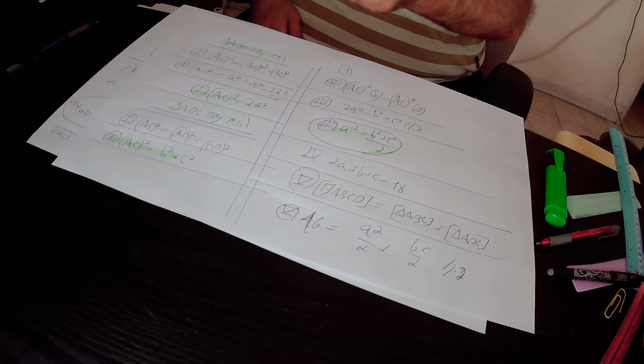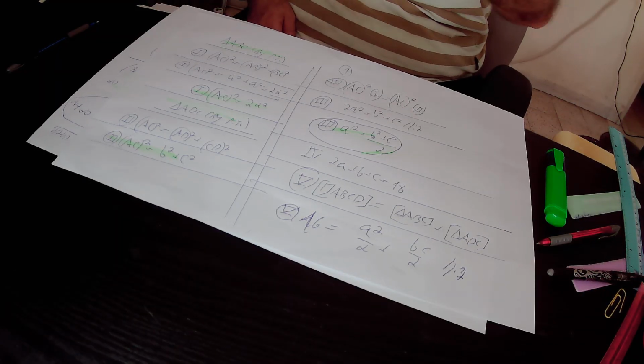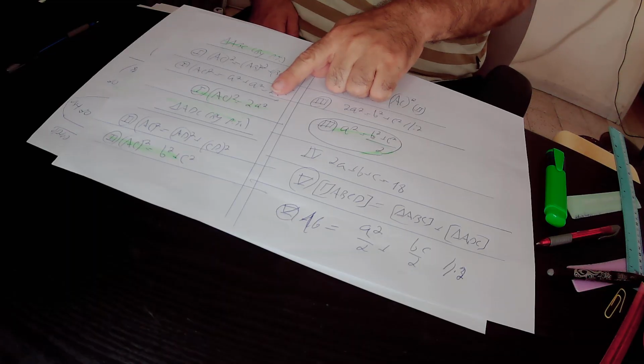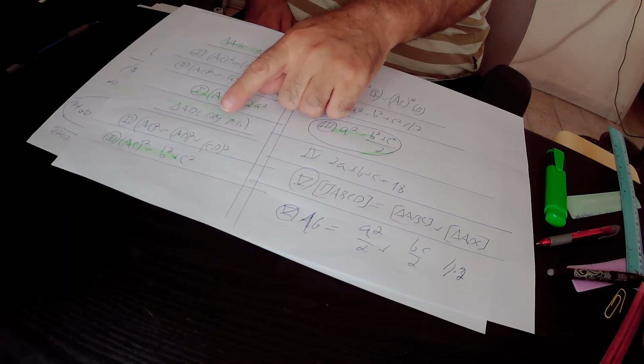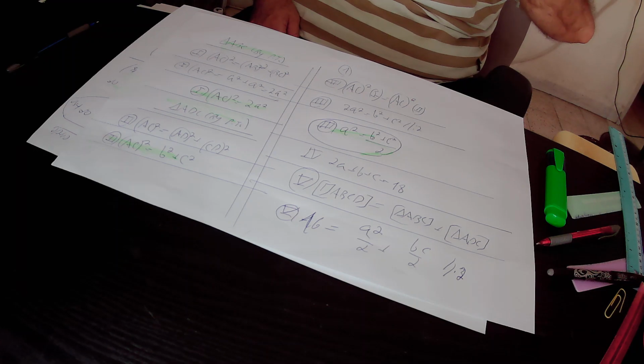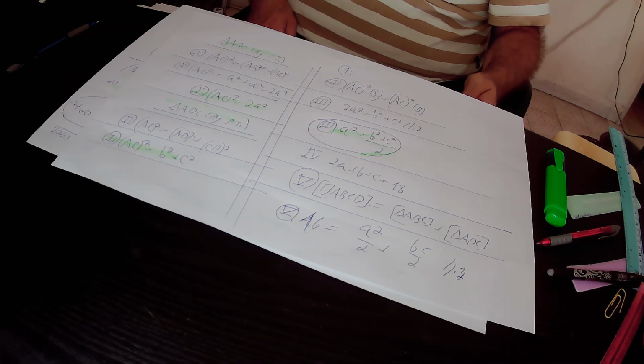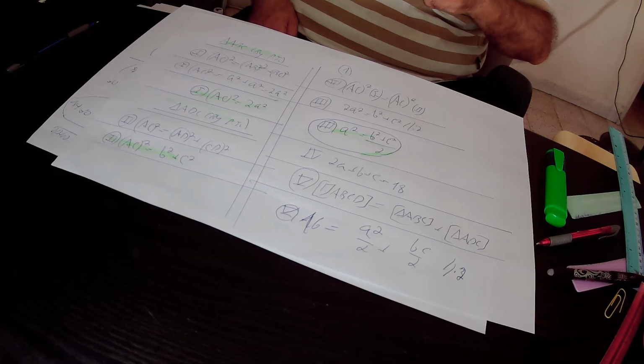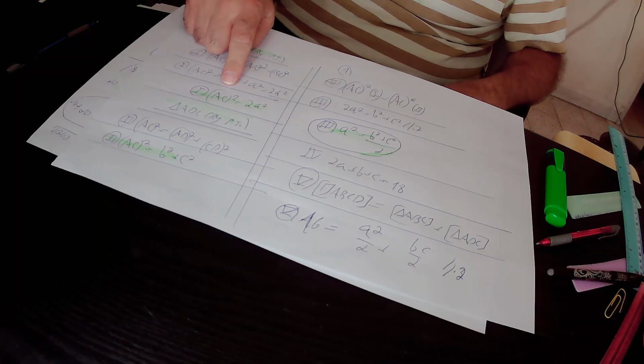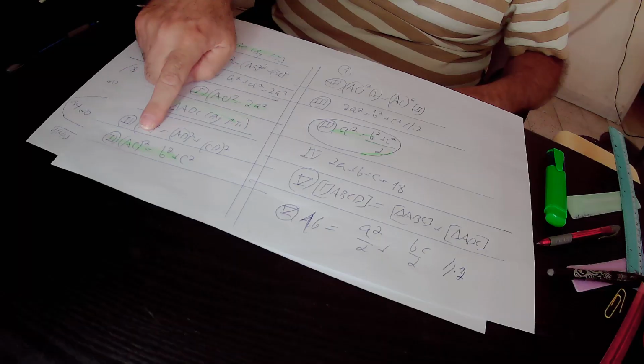So I have two different equations for the value of AC squared. AC squared equals 2A squared, or AC squared equals B squared plus C squared. Therefore, we create equation 3 that says that AC squared according to equation 1 must be equal to AC squared according to equation 2.